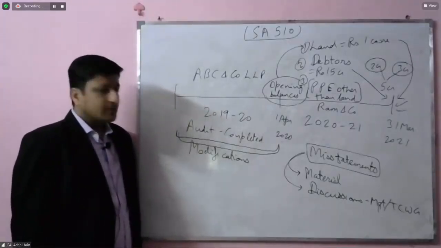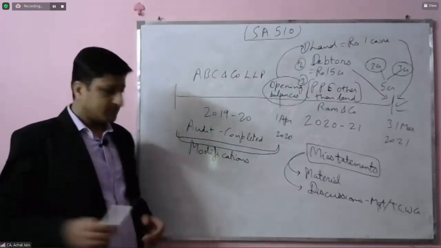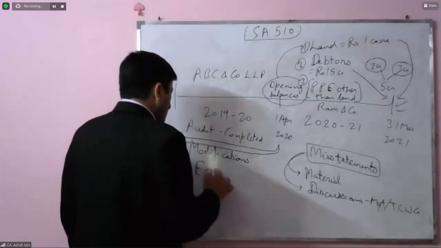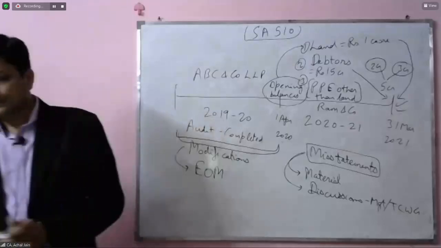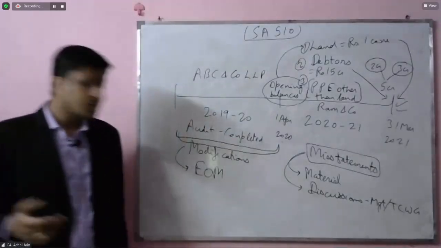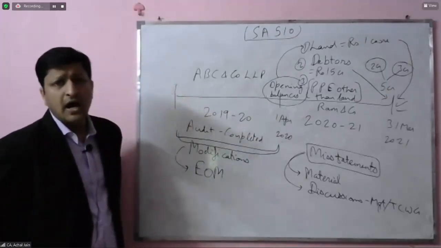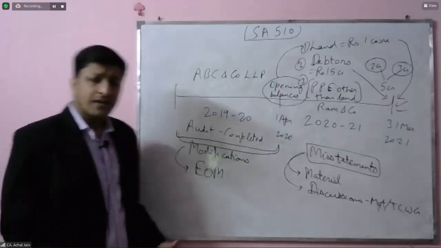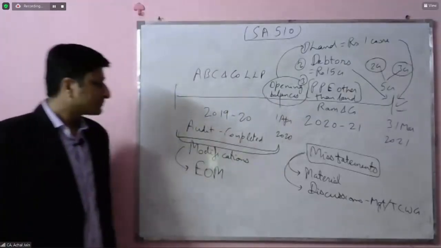At times, it may also be possible that last year, in terms of the modification, EOM was given. EOM is emphasis of matter. This is not really a modification though. You can say it's sort of a highlighting of certain matters which is done in the audit report, and we'll understand about all of these modifications in more detail as we move forward.